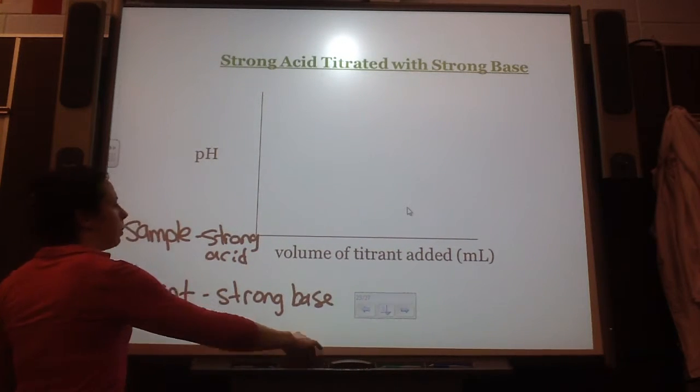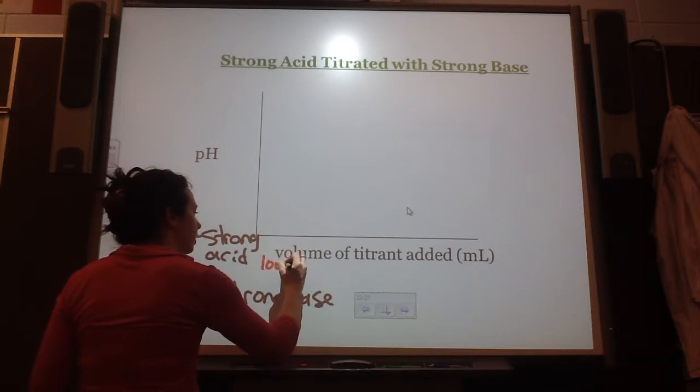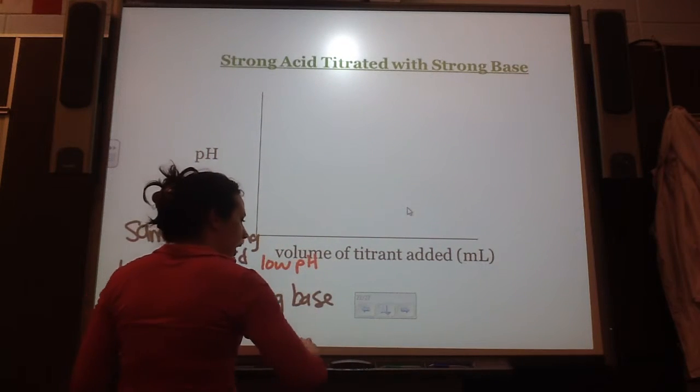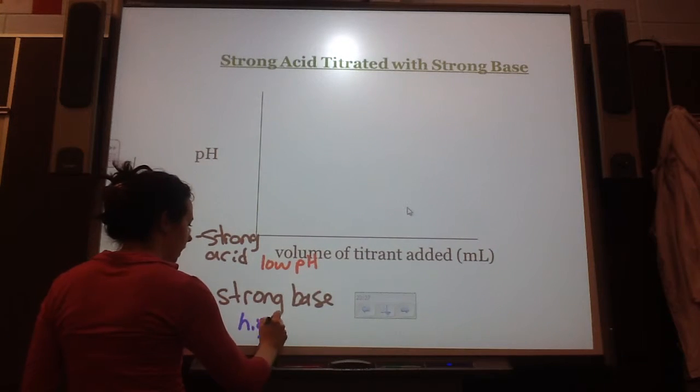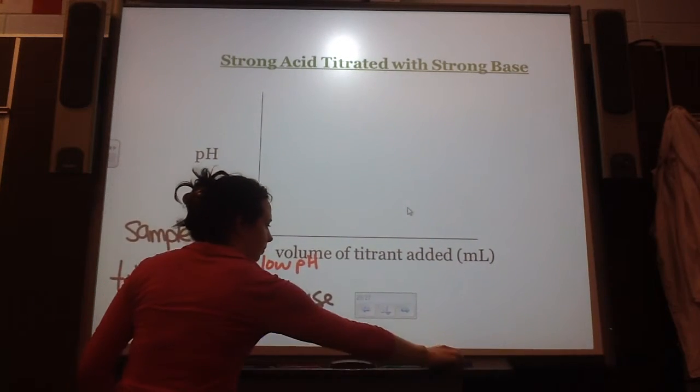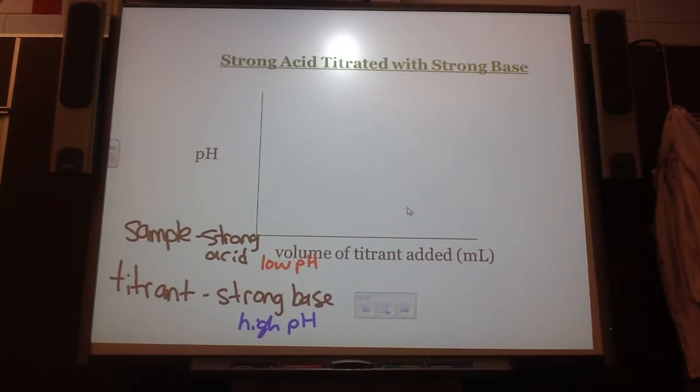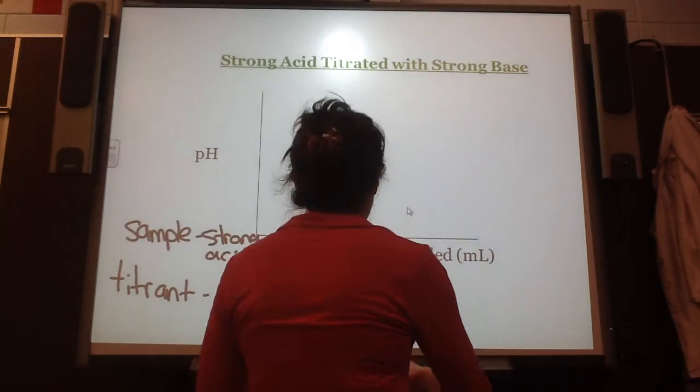So if the sample's a strong acid, it has a very low pH, and if the titrant is a strong base, it has a very high pH. So our pH is going to start really low, because like I said, we just keep measuring the pH in that Erlenmeyer flask.